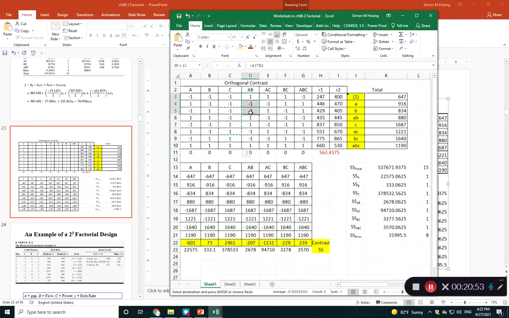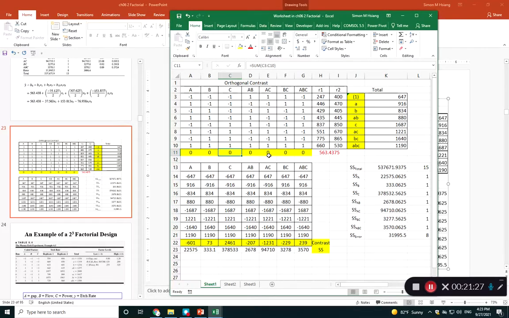Okay, now next, AB is A times B, AC is A times C, BC is B times C, and ABC is A times B times C, or the product of ABC. No problem, right? And then when you're done, double check that the sum of each one of them should be equal to 0, and the multiplication equal to 0. Those two conditions, put that down, okay? The sum of the contrast equals 0, the product equals 0.